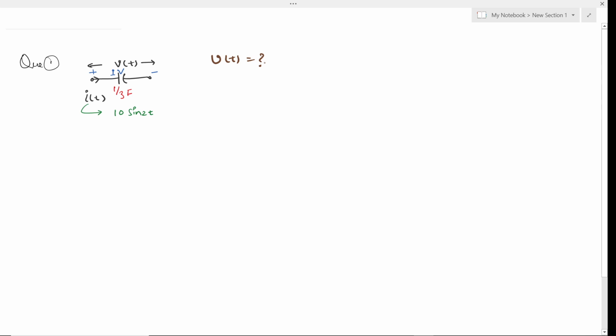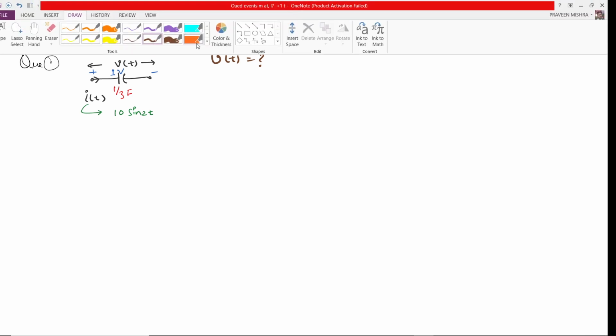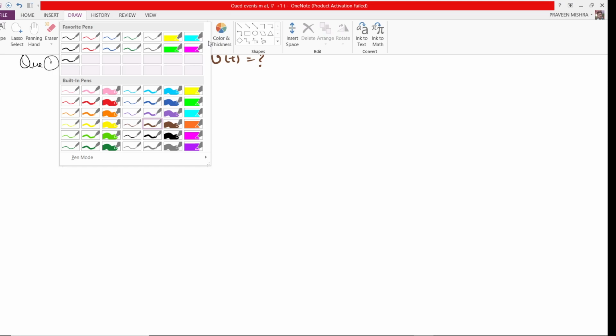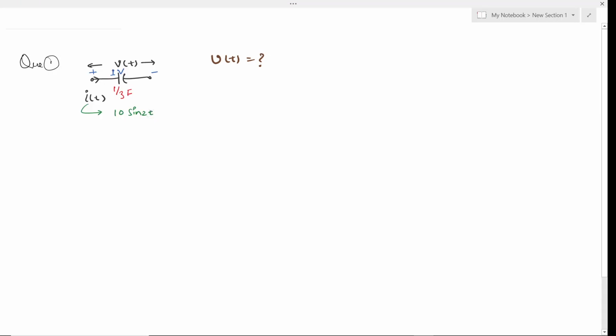First, what is the formula for the voltage across the capacitor? We know that v(t) is equal to 1 upon C, integral from minus infinity to t of i(t) dt. This is the formula for voltage across the capacitor.